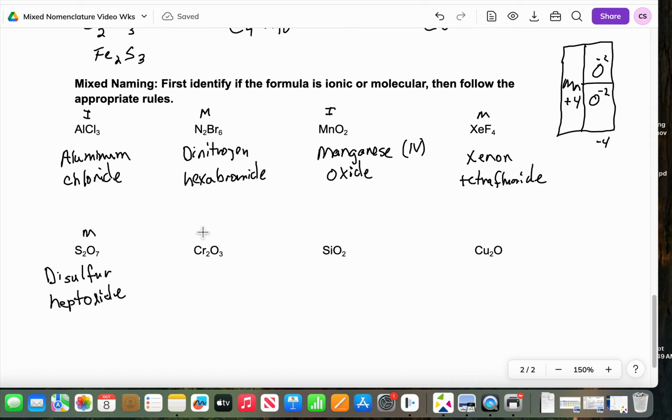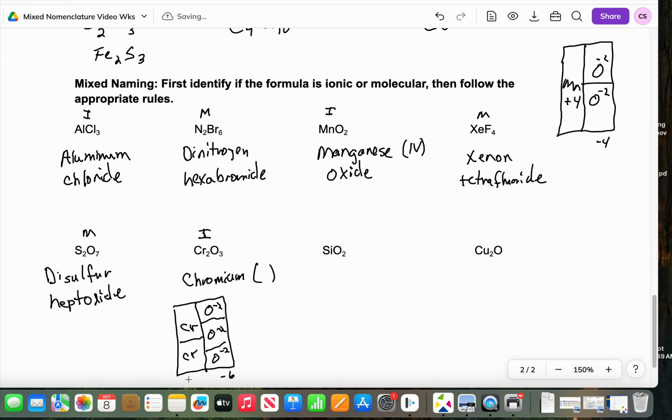Cr2O3. Cr is a metal, so you're going to use ionic rules. That's going to be chromium, and you would notice chromium needs a Roman numeral. So I'm going to draw my rectangle. I'm going to make this 2 chromiums, Cr, and 3 oxygens, O, O, O. Each oxygen is minus 2, minus 2, minus 2, so that's negative 6.